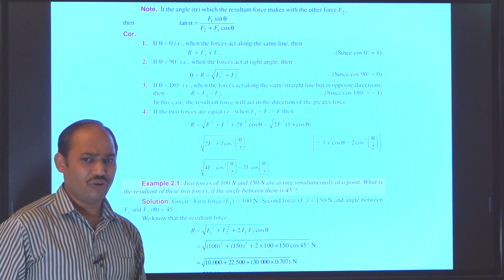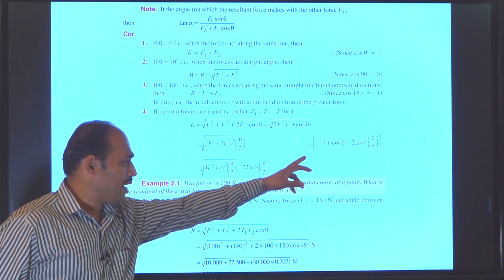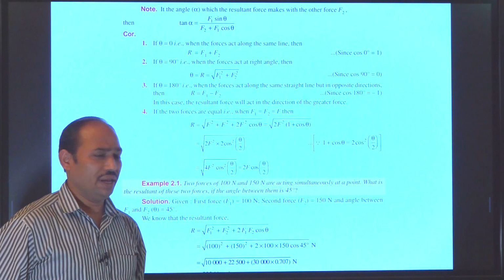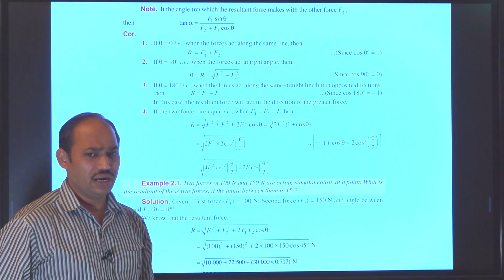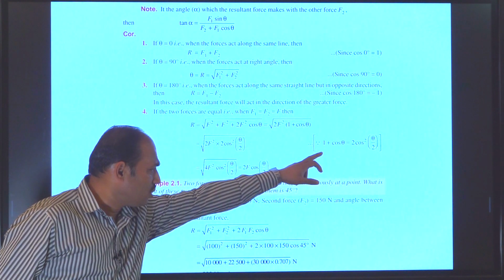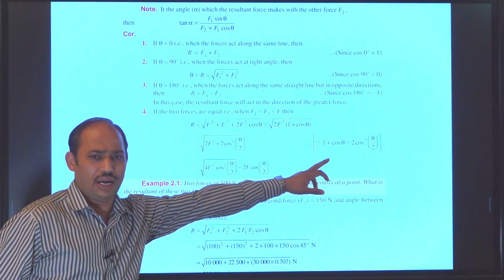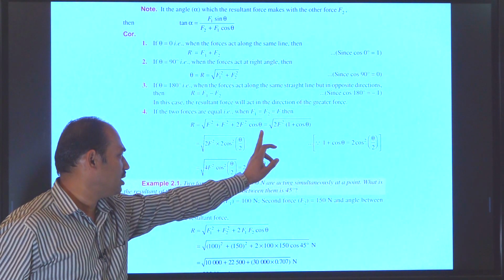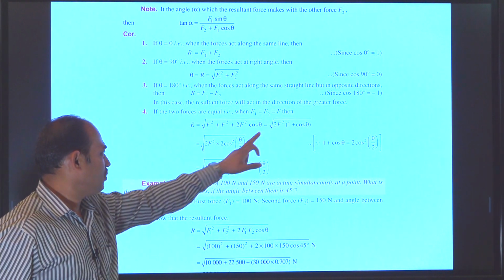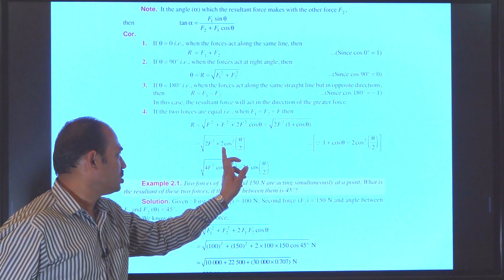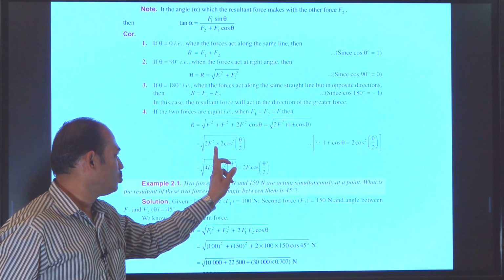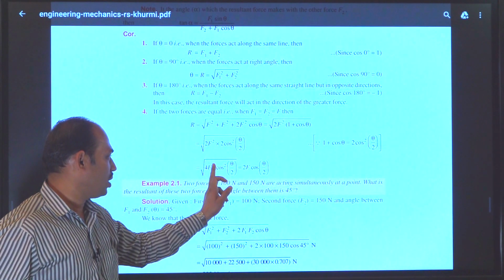I think we all know very well the trigonometry formula that 1 plus cos theta becomes 2 cos square theta by 2. Substituting this in the above equation, we get 2 F square into 2 cos square theta by 2, and 2 times 2 is 4, into F square.